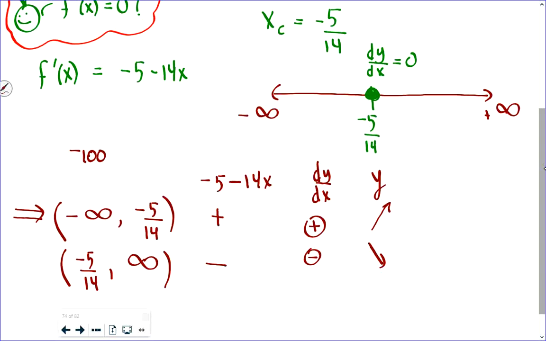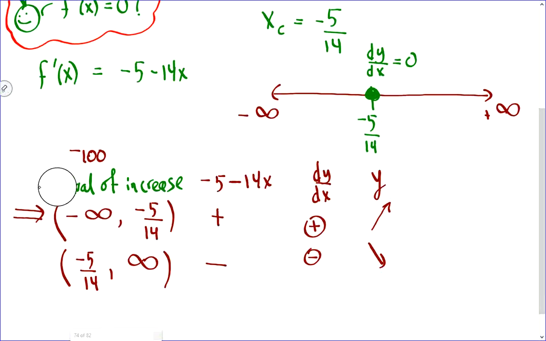So this is an interval of increase, whereas this is an interval of decrease.